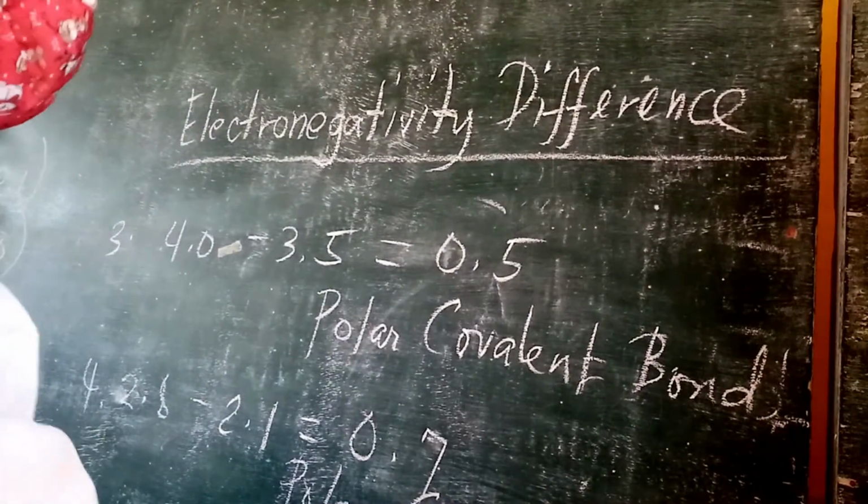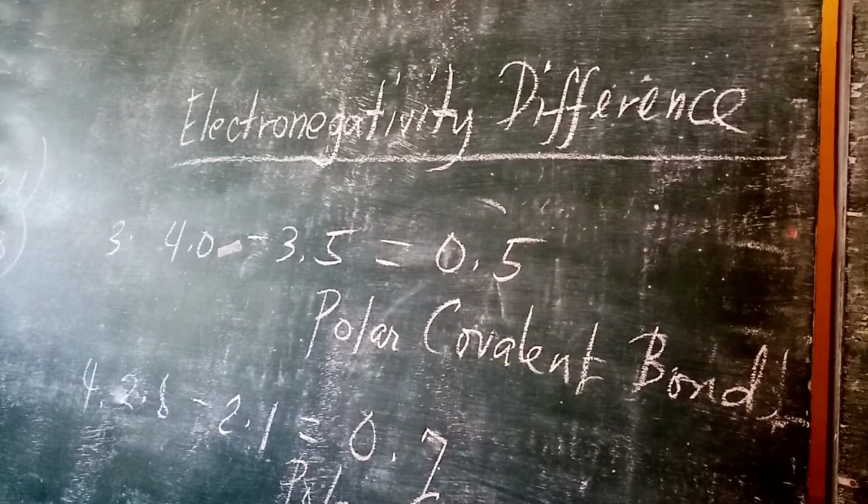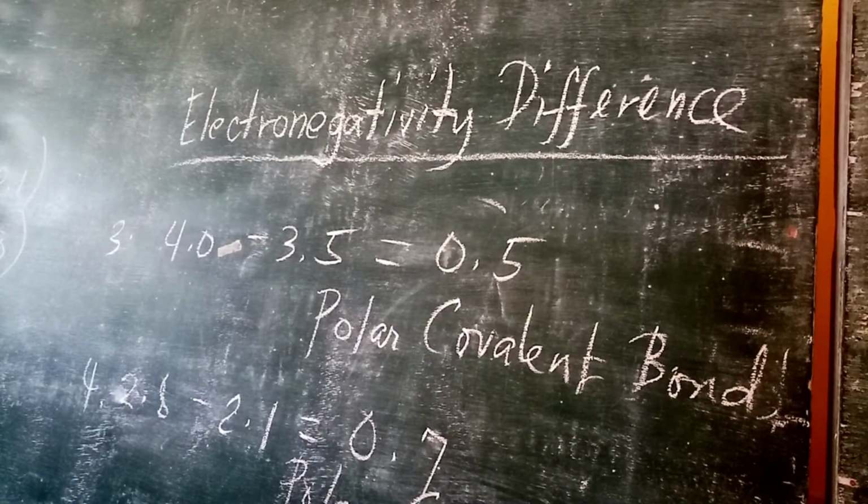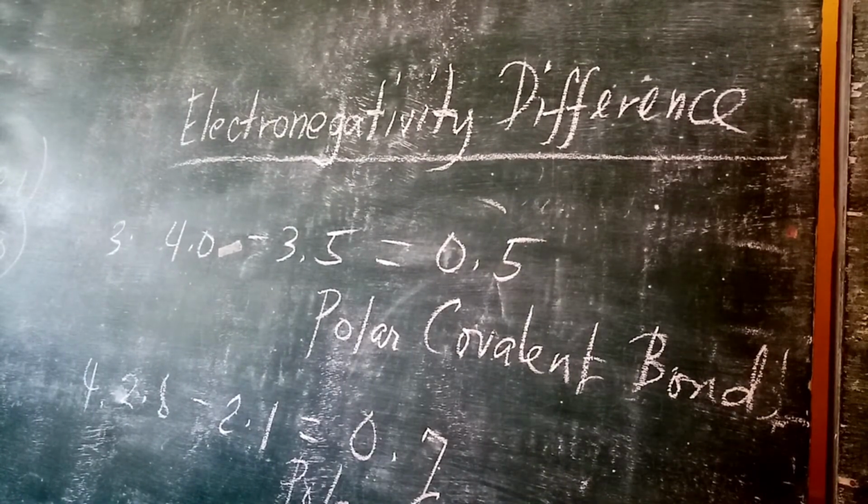And then for number 5, the last example, you have C and H, carbon and hydrogen. Carbon is greater, so 2.5 minus 2.1. So the answer is 0.4.